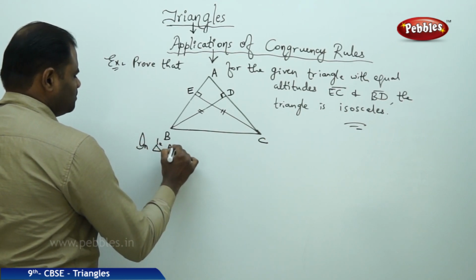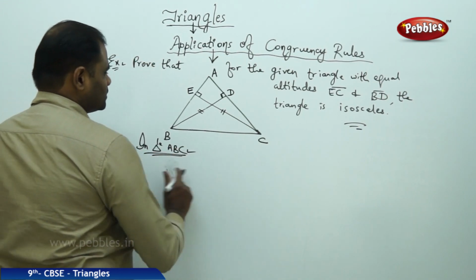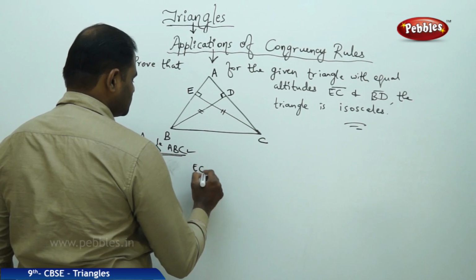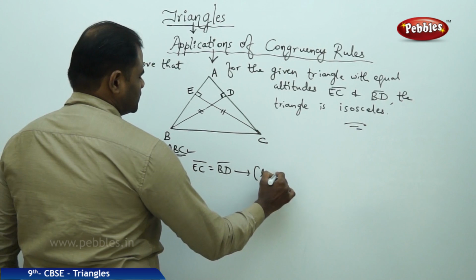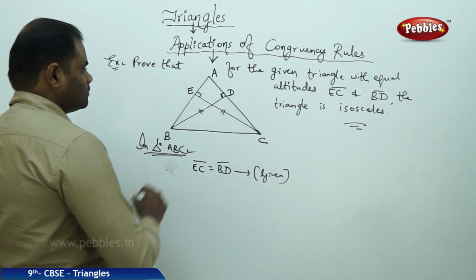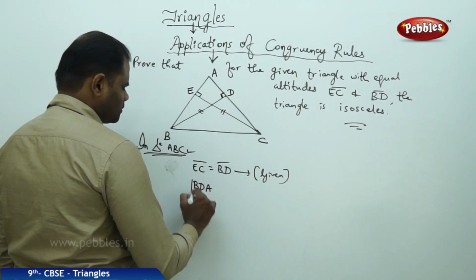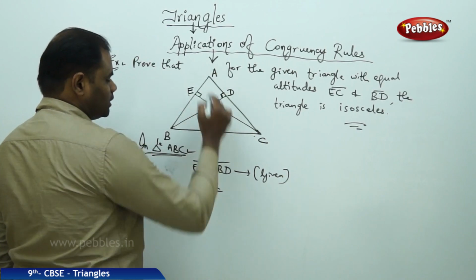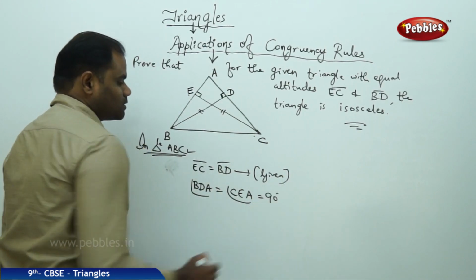In triangle ABC, it is given that the altitude EC equals BD, and angle BDA is equal to angle CEA, which is 90 degrees.